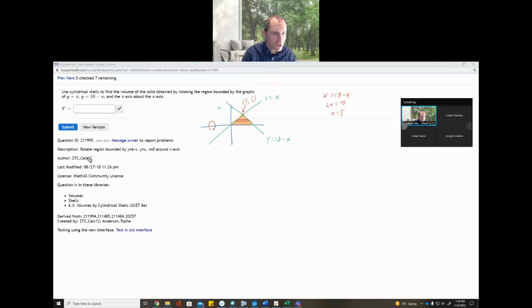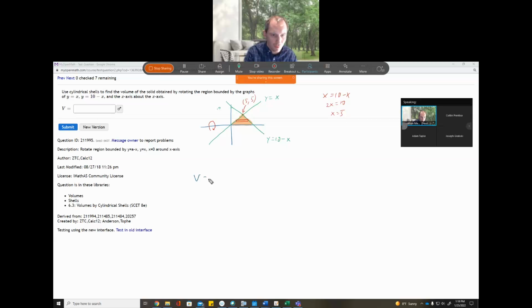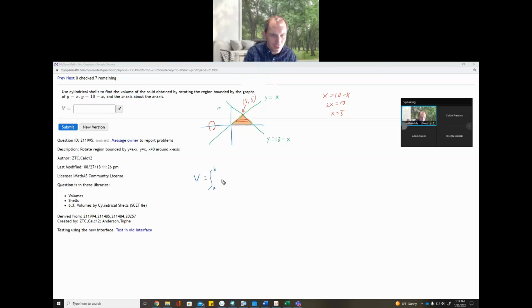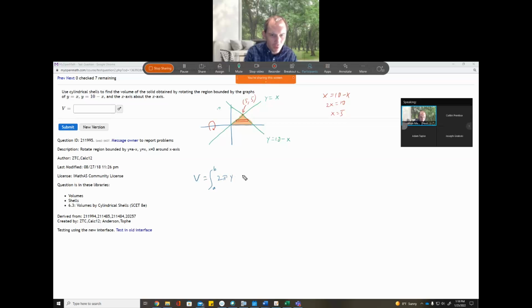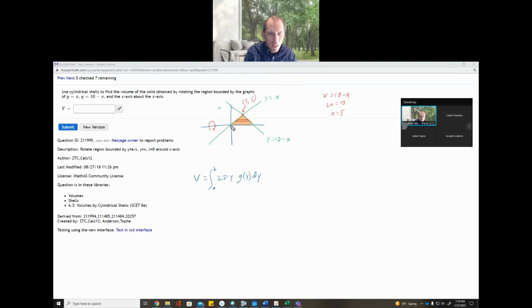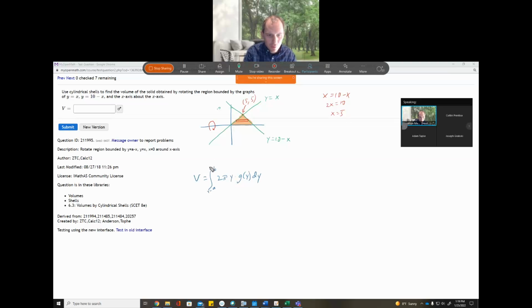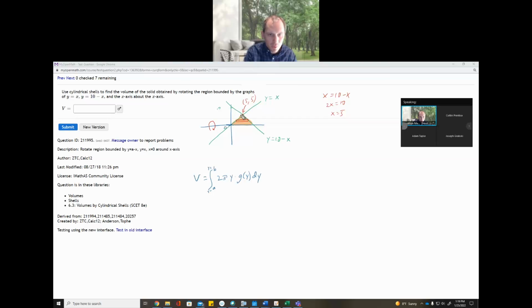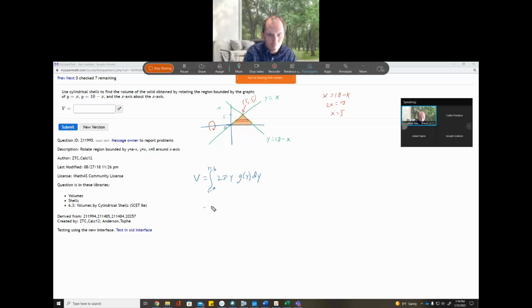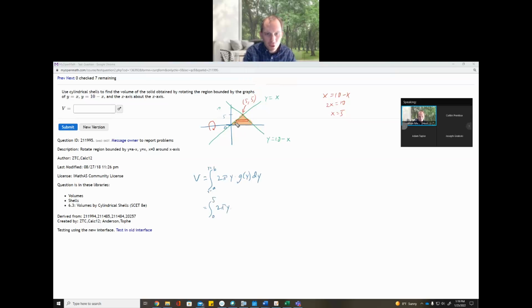So if I'm rotating using shells, let's go ahead and write down our formula. Volume is the integral from a to b of 2 pi y g of y dy. My a and b, these are y values. Okay, so I want to start at a y value of 0 and end at this y value of 5. So we're going to integrate from 0 to 5. And my function is going to be how tall, or in this case, how wide this rectangle is.